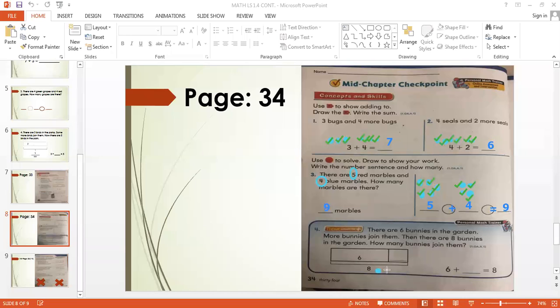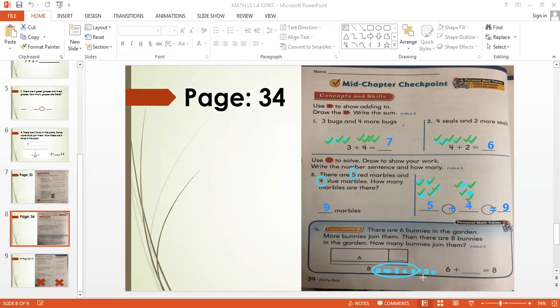1, 2, 3, 4, 5, 6, 7, 8. So how many are given here? How many bunnies were there in the garden? 6. So count. 1, 2, 3, 4, 5, and 6.